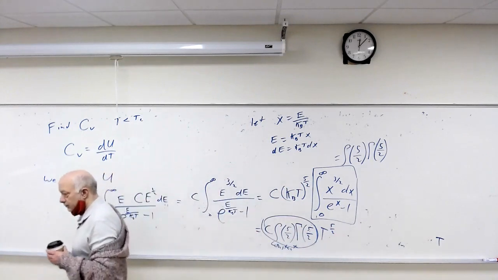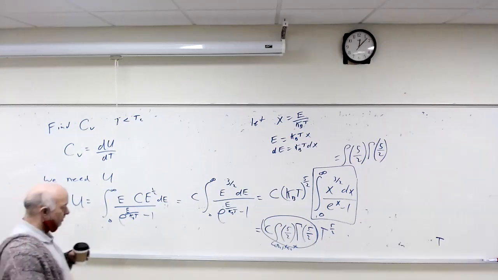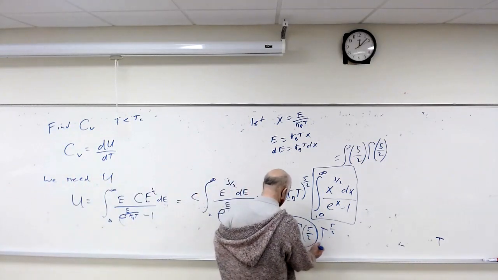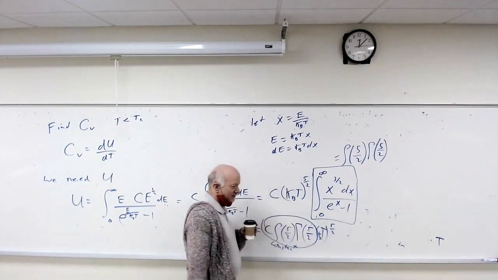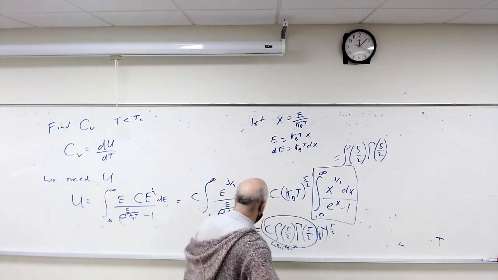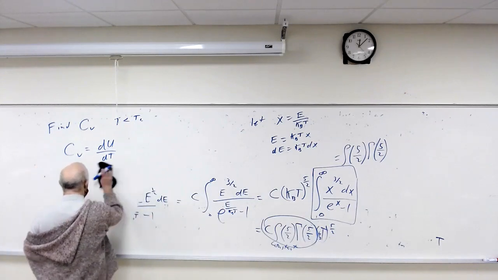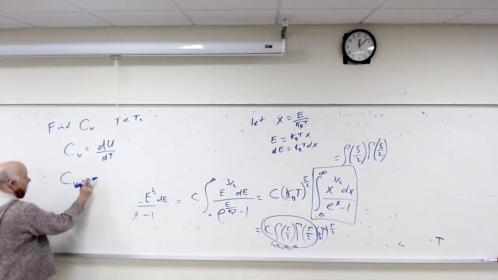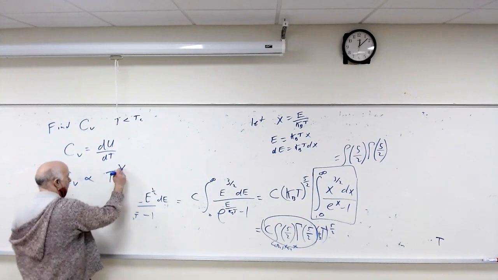You forgot k_B. Yeah, k_B here. Okay, so what does it mean as far as just formally what's going to happen here? C_V has to go as what power? Take the derivative here. It has to go T to the 3/2 power.